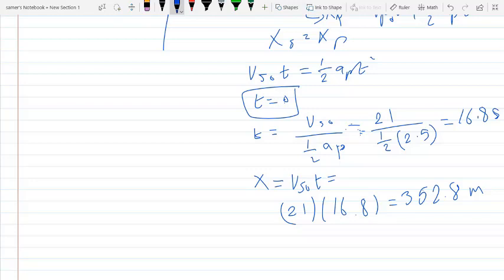This was the distance between the police car and the speeder at the time the policeman decided to follow the speeder.